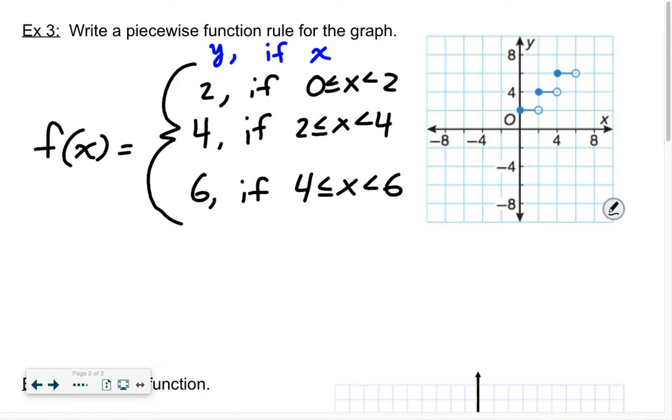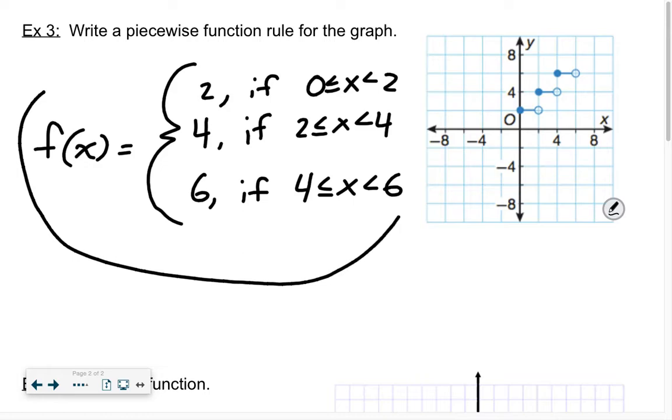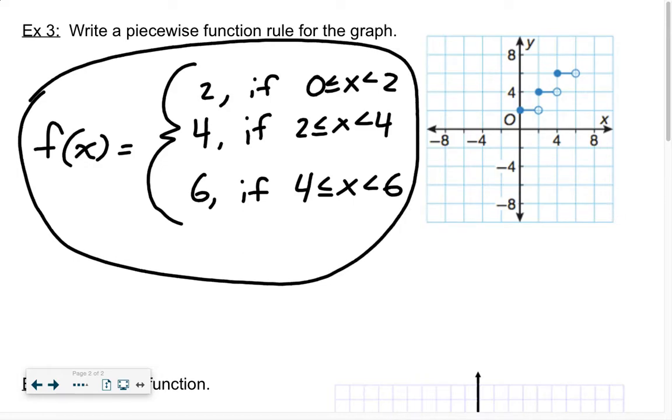Good work. It's different, you know, it looks complex, but when you break it down, it's not too bad.